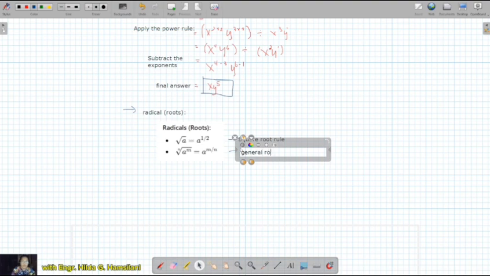The general root rule. So what is a general root rule? When converting a radical to a fractional exponent, the power m of the base inside the root becomes the numerator of the fraction, and the index n of the root becomes the denominator.